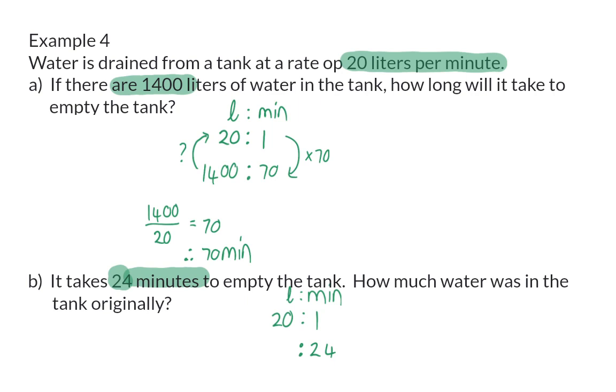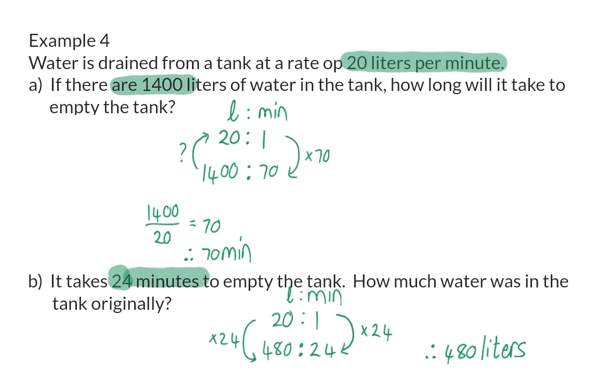So 1 was changed to 24 by multiplying by 24, and the same calculation should then be done on the left-hand side. The reason for this, there were 20 liters drained or removed from the tank 24 times, and that is why we multiply. If we multiply by 24, we get 480 liters.